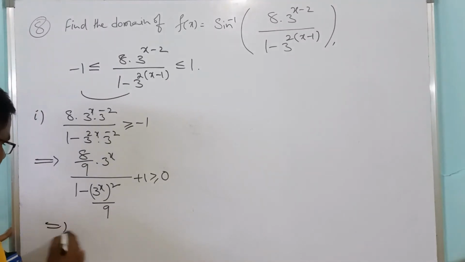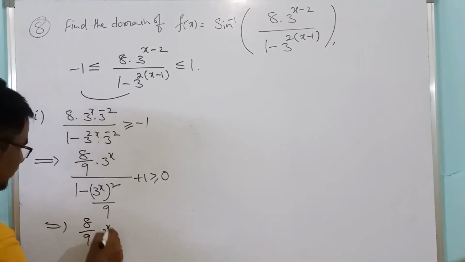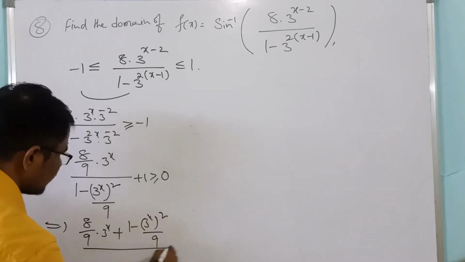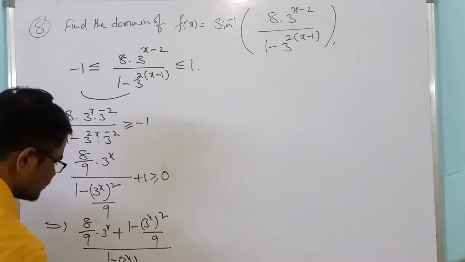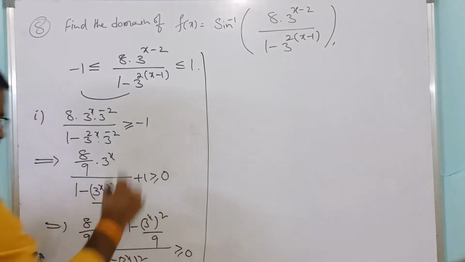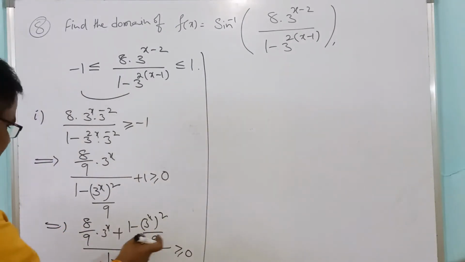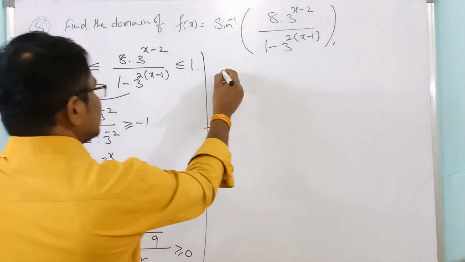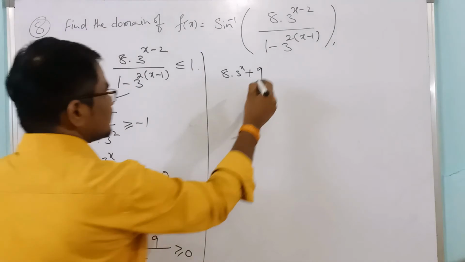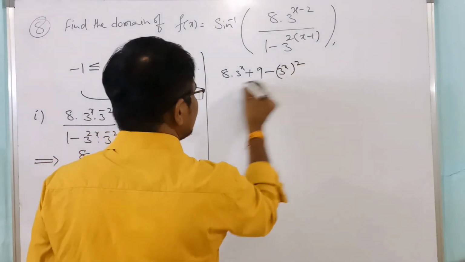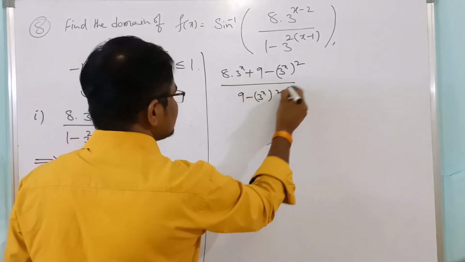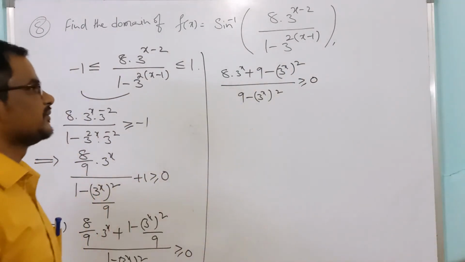That is (8/9 into 3^x plus 1 minus (3^x)^2/9) whole divided by (1 minus (3^x)^2/9) greater than or equal to 0. Now simplify this one. Take the LCM here. 8 into 3^x plus 9 minus (3^x)^2, divided by 9 minus (3^x)^2, greater than or equal to 0.